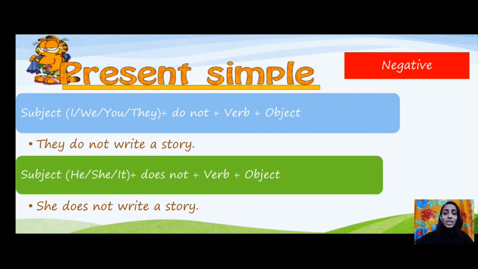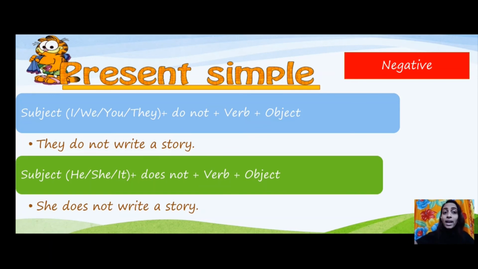Now, when we talk about the subjects he, she, it, we already know that he, she, it are followed by the auxiliary verb does. Very good. Now, let us see the structure. Fine. Subject plus does, and then after does what are we supposed to add?